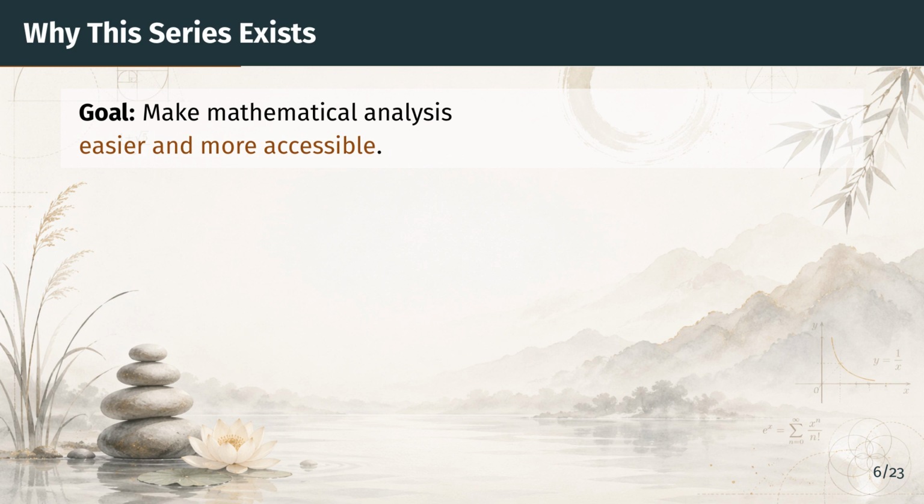Rudin's book is famous for its beauty, but also for its terseness. Proofs are compact. Intuition is often left to the reader, and there are almost no pictures. The goal of this series is simple: to make the material easier and more accessible, without losing any of the mathematical rigor.